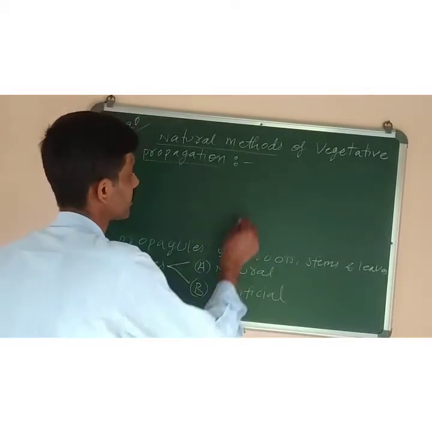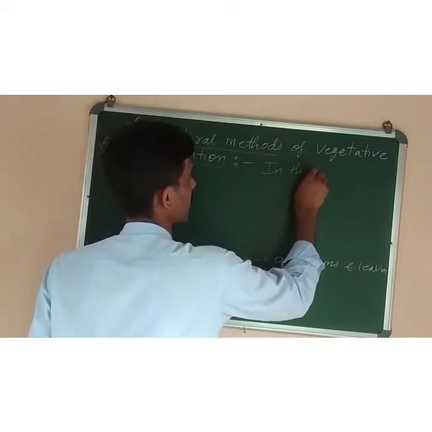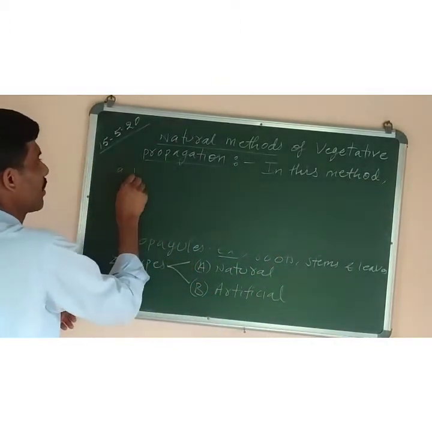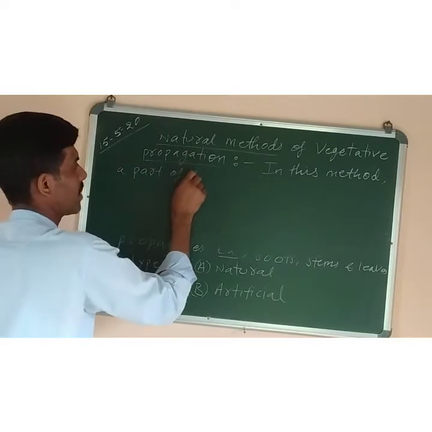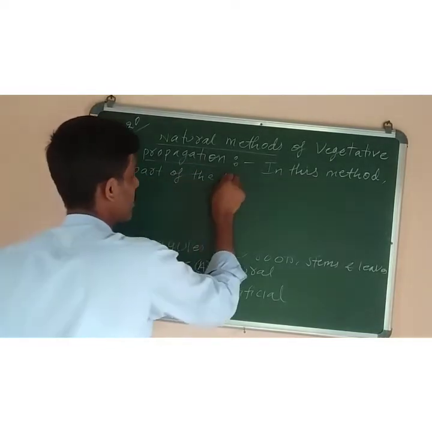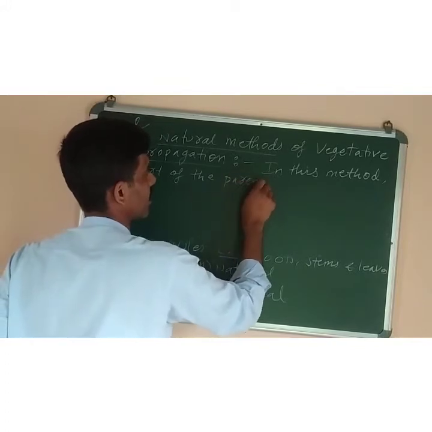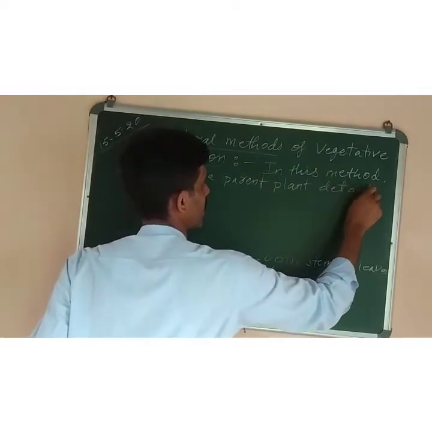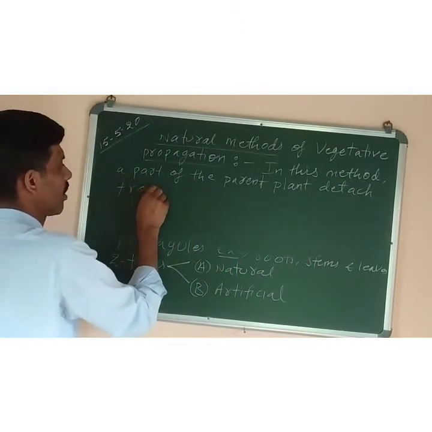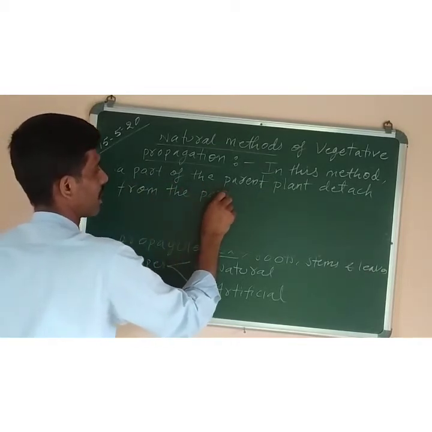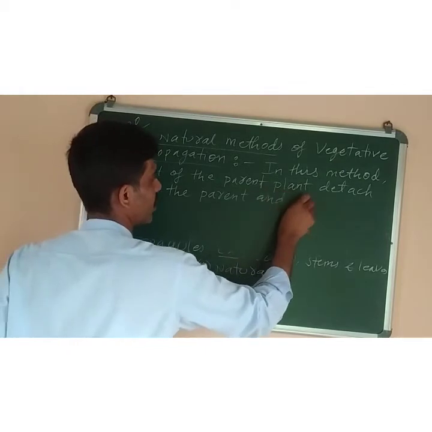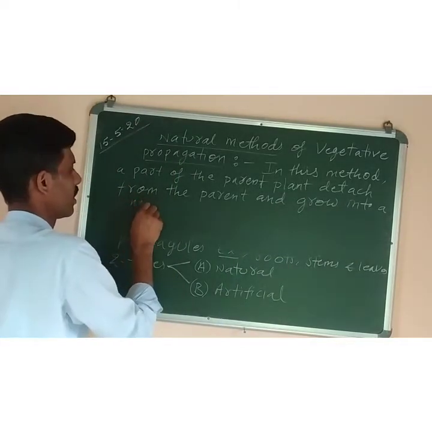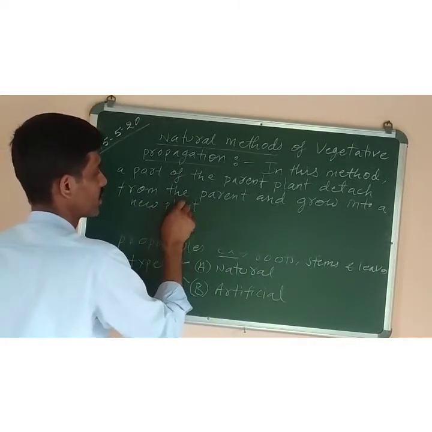In this method, a part of the parent plant, it can be root, stem or leaf also, detaches from the parent and germinates and grows into a new plant, like in case of roots from the stems.